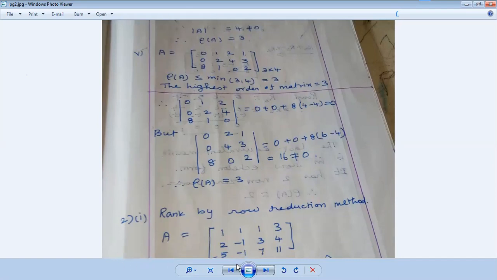Rank by row reduction method. This is known as the echelon method. First one is the determinant method. Next one is the row reduction method. Row reduction method means bring it to the echelon form. Bring it to the echelon form. Okay.